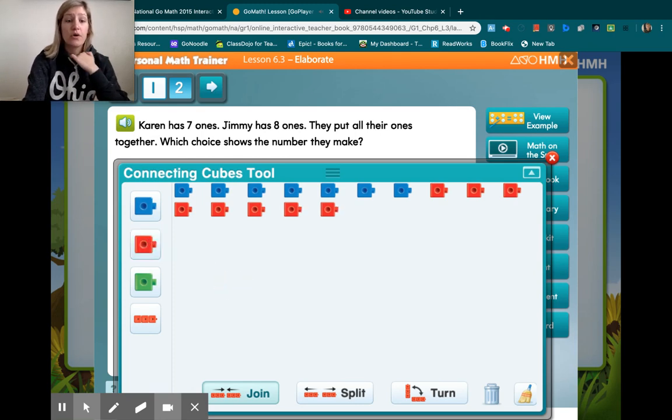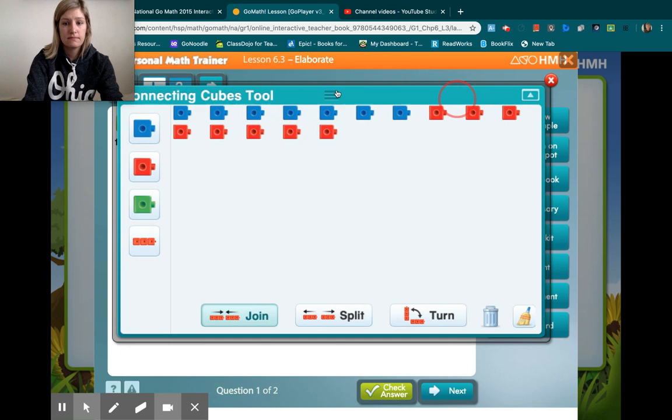Okay, so Karen has 7. Karen's are blue. And Jimmy has 8. Jimmy's are red. It says they put all their ones together. Which choice shows the number they make? So Mrs. Maris is going to press the join button and see if they join together. If not, we'll join them ourselves, okay?